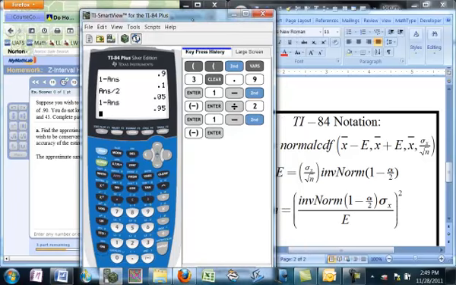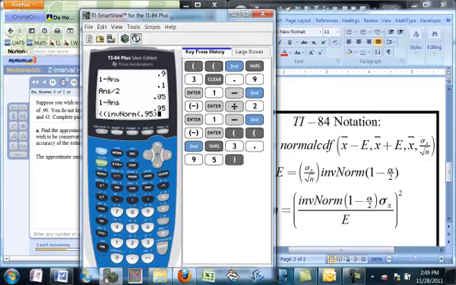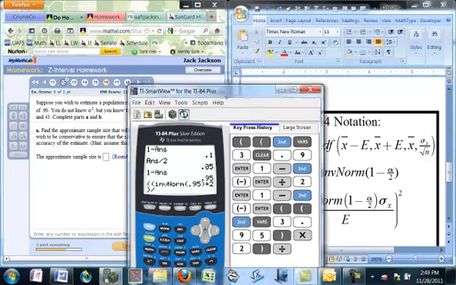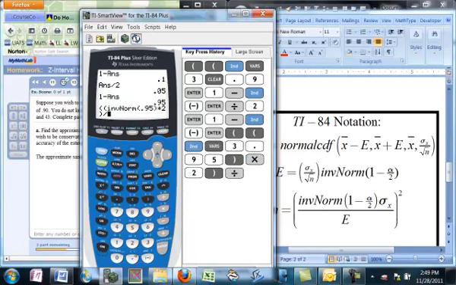Okay, now let's go ahead and work out this formula. So it's parentheses, parentheses, inverse norm, second vars, number 3, the point, 95, close parentheses, times the sigma of the x's, which we assumed was going to be 2, close parentheses, divided by the margin of error, which was, we wanted it within 0.14, so it is 0.14 there, close the denominator.